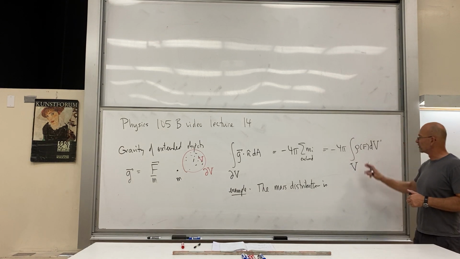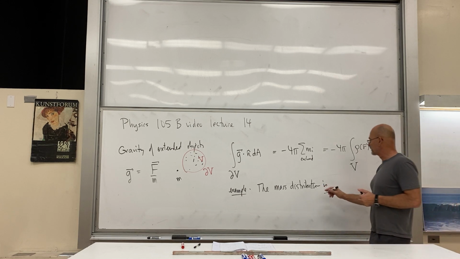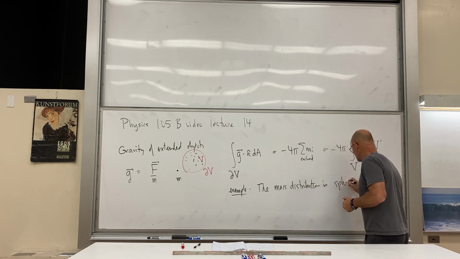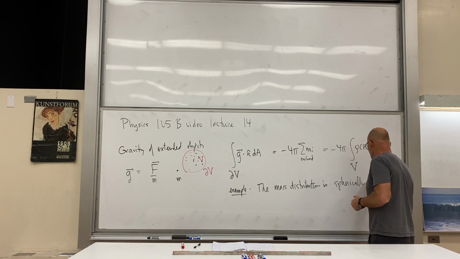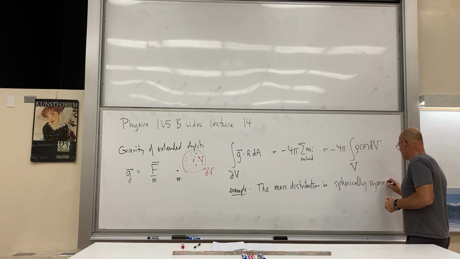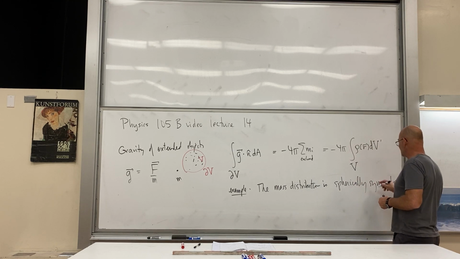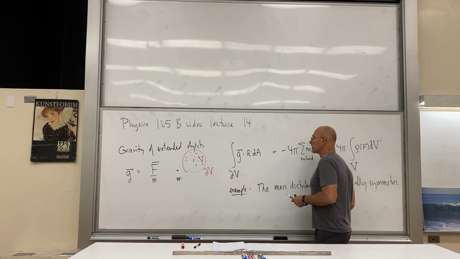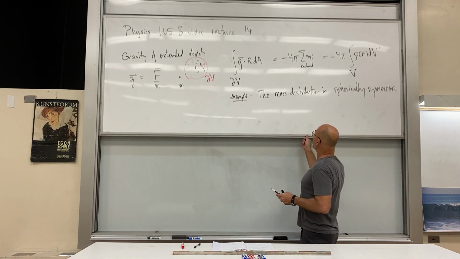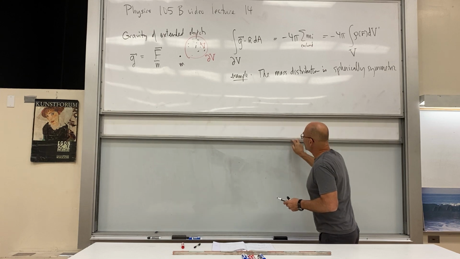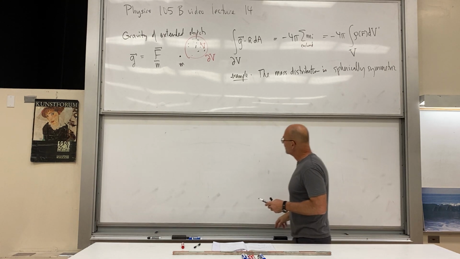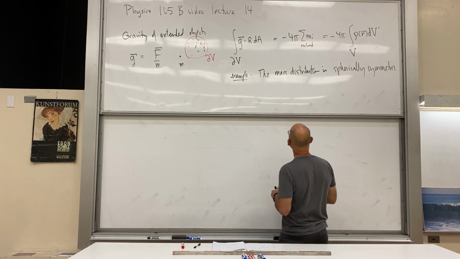We could do that as well. We'd have a mass density. So the mass distribution is spherically symmetric. You guys, I'm sure you've seen this for electric charge, so it is a review, a reminder, but it's interesting to see it here.